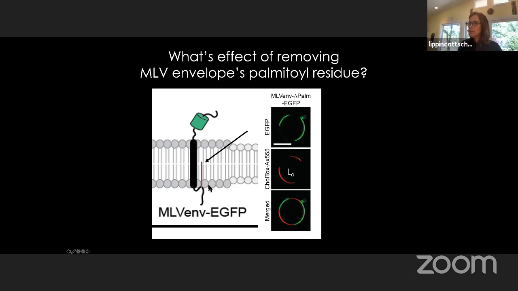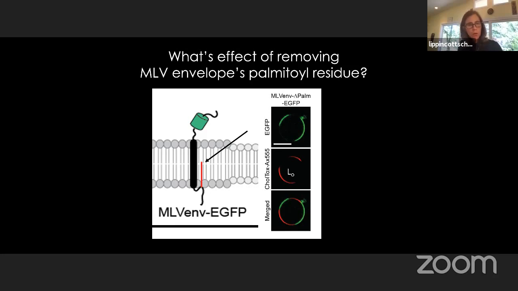When we do that, we can see that this envelope protein no longer prefers being in the regions of these giant plasma membrane vesicles where the cholera toxin is located. So here's cholera toxin in red, and you can see the envelope protein lacking that palmitoyl moiety is all that's needed to cause it to move out of that phase separated ordered domain.